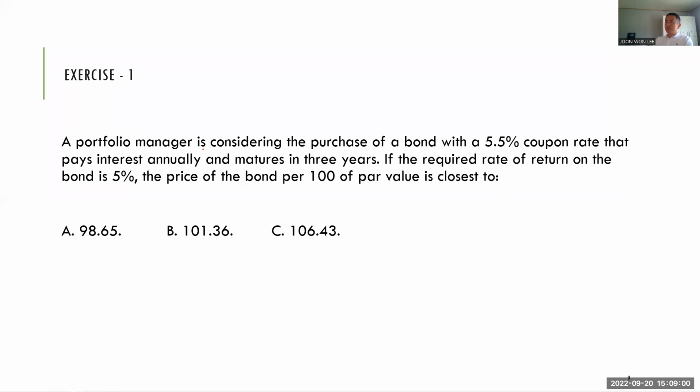Let's take some examples. A portfolio manager is considering the purchase of a bond with a 5.5% coupon rate that pays interest annually and matures in 3 years. If the required rate of return on the bond is 5%, the price of a bond per 100 par value is closest to what?